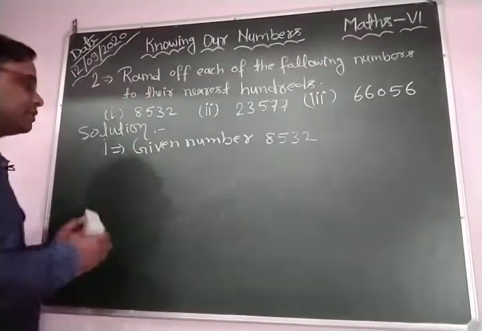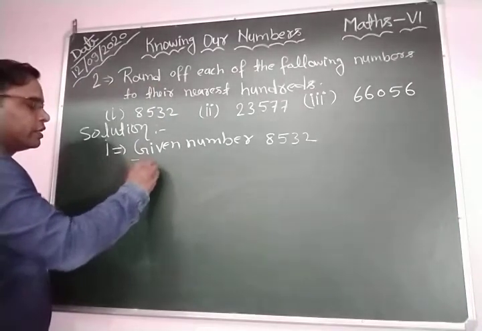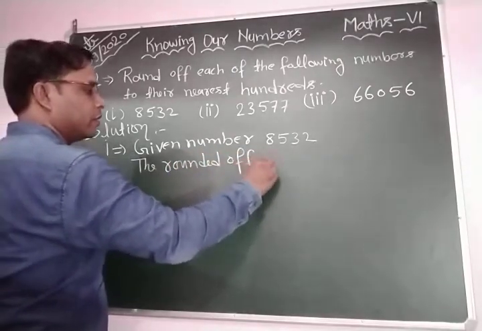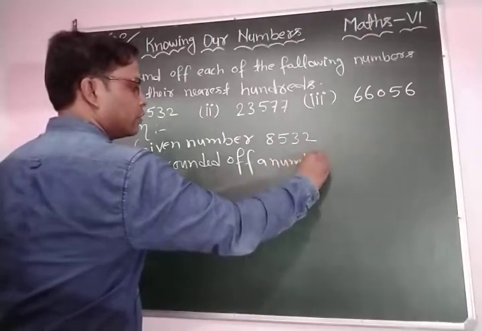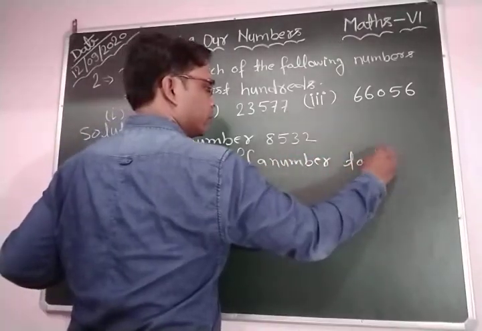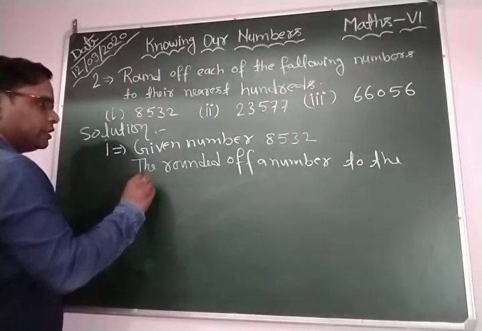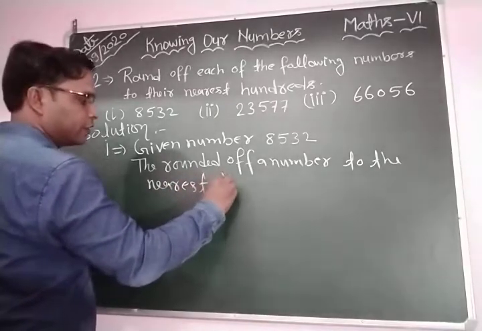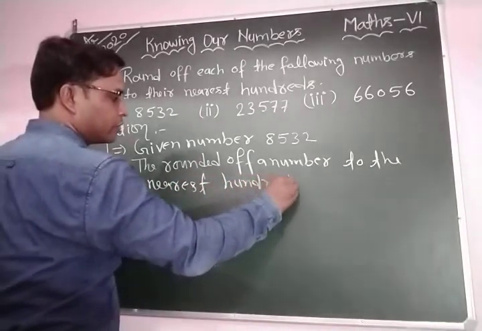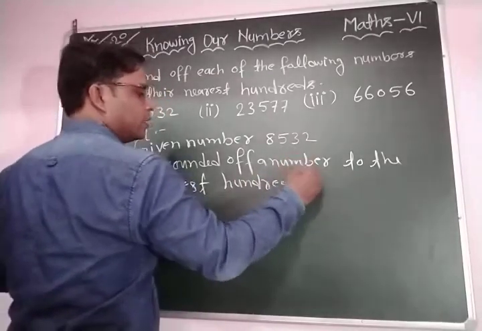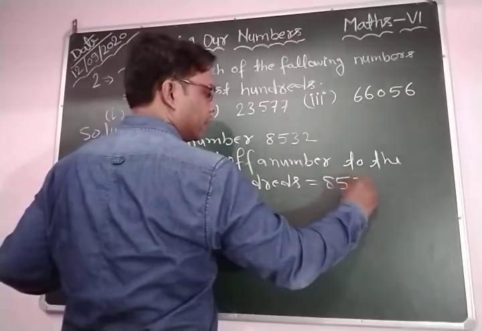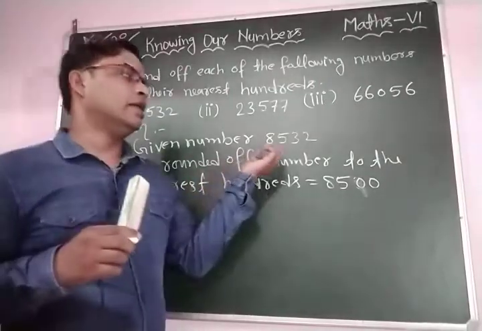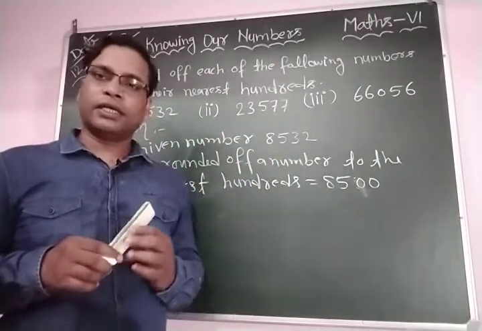So here we write: the rounded off number to the nearest 100 is equal to 8500, because we want to round it at the 100 place, but for this we check the tens place.